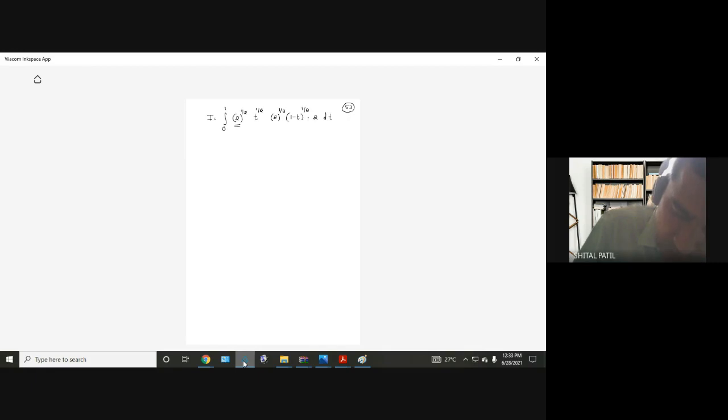So this 2 raised to half, 2 raised to half, and 2 raised to 1, I'll take them outside. That is root 2 into root 2 into 2, integral 0 to 1, t raised to half.